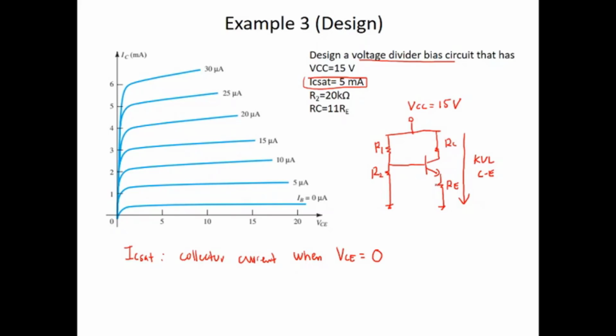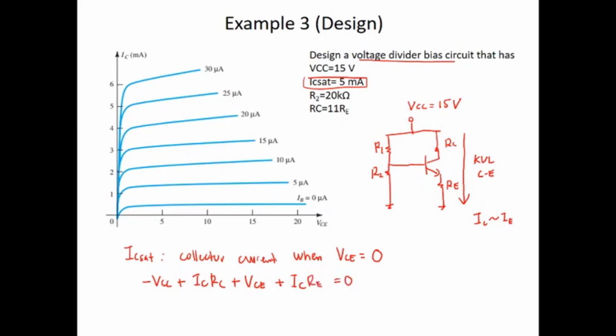When you do the load line analysis, you assume that IC and IE are almost the same, and then the KVL is minus VCC plus IC RC plus VCE plus IC RE equal to 0.